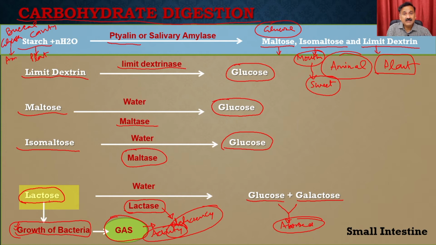When this undigested lactose accumulates within the small intestine, it allows the growth of bacteria, and when that bacteria starts utilizing the lactose, it starts producing gas, right? Because once the bacteria start utilizing the sugar, it forms the byproducts, right? For example, from many types of sugar, right?